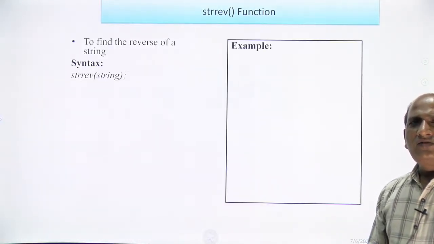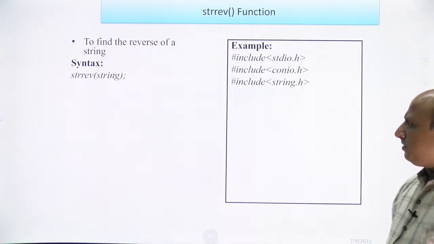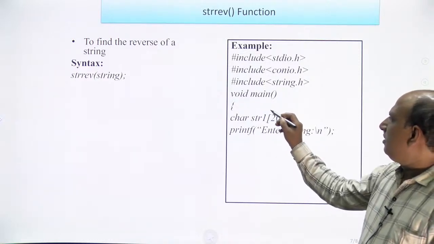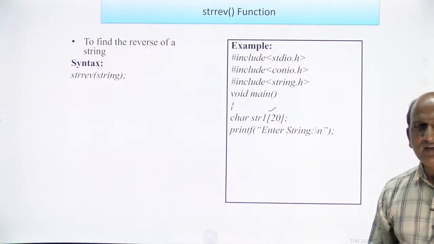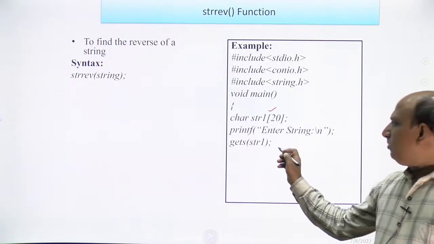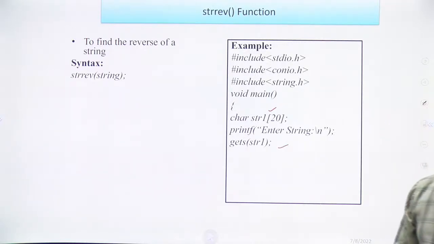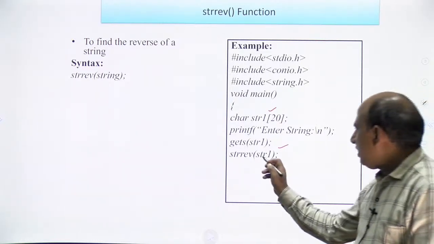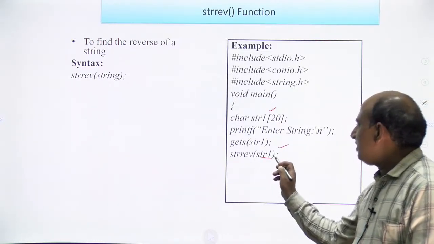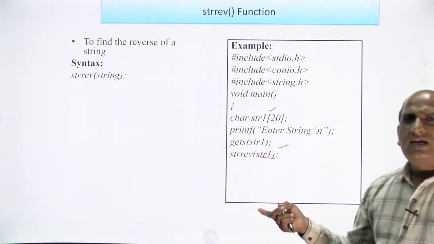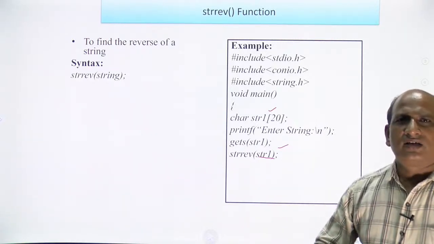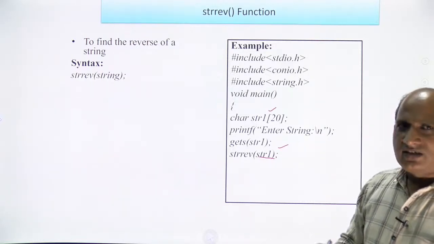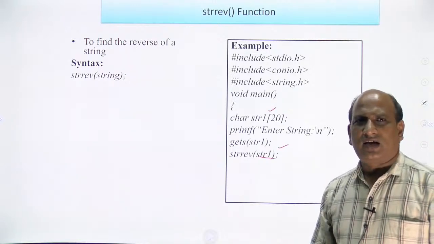strrev is used to reverse a string, and this function works in place. I have declared a string str1 and input it, and whenever I call strrev and pass str1, that string will be reversed in place, meaning the same string is reversed and stored in str1.